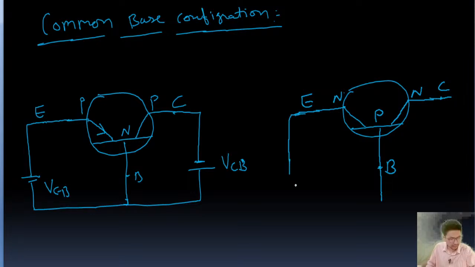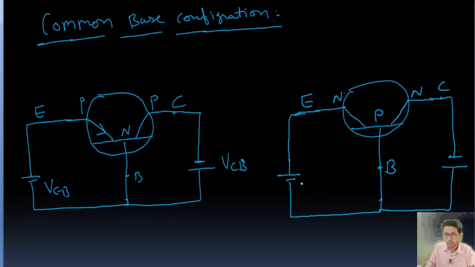And then this is the voltage. This voltage is VBE for NPN, and this is VCB or VBC.